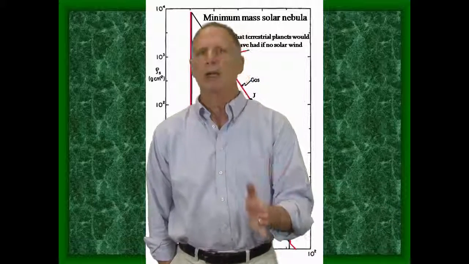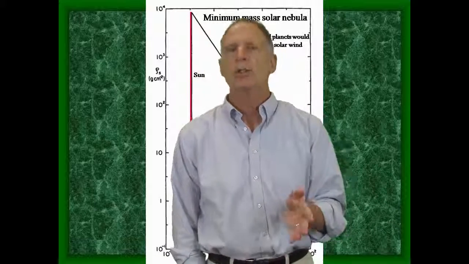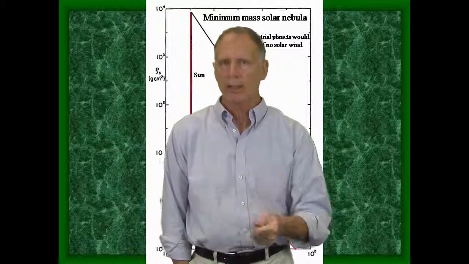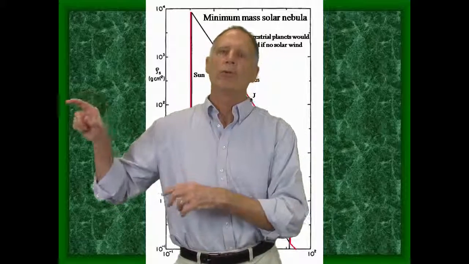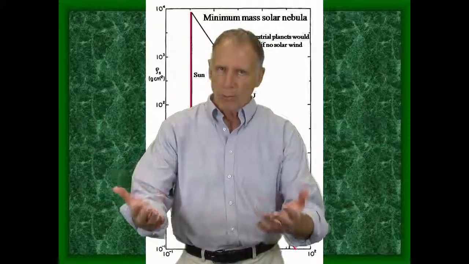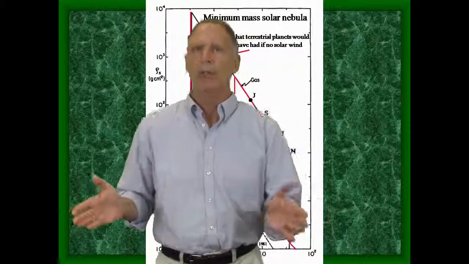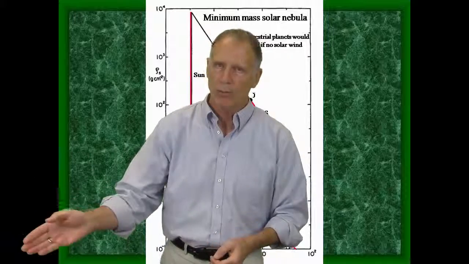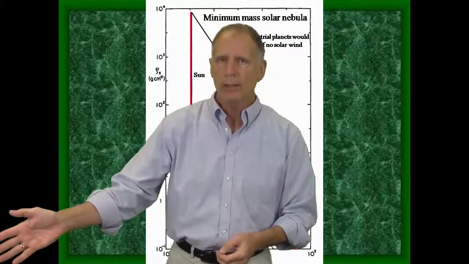As we've talked about in previous discussions, there are very unstable orbits inside the asteroid belt due to the gravitational pull of Jupiter and the Sun. And that's, of course, also why we haven't had a planet form in the asteroid belt. So we shouldn't be surprised that the asteroid belt is depleted in material.